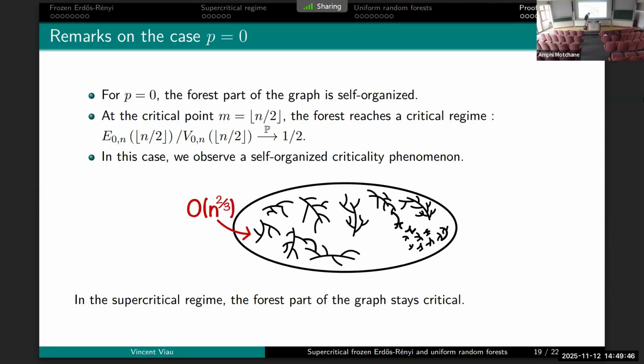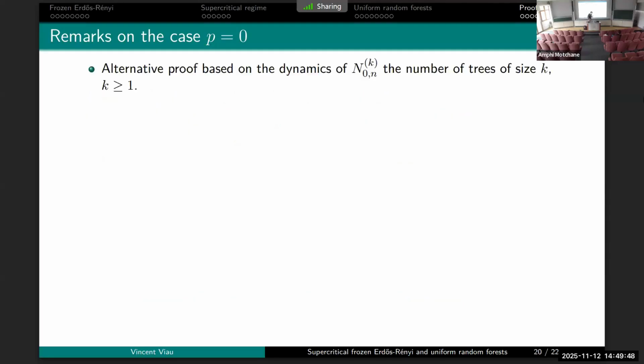Before, I presented to you a fluid limit result for the number of trees of any given size, and I presented it as a corollary of the fluid limit for the number of frozen vertices. And in the case when P is 0, we believe that we can take the other direction by first getting the convergence result for the number of trees of any given size.